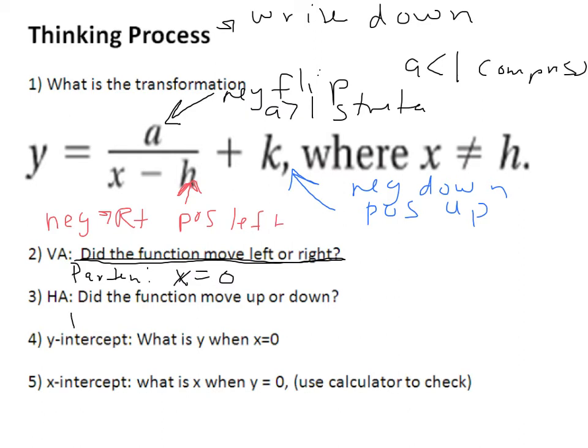For the horizontal asymptote, did the function move up or down? Because typically it's going to be y equals 0, but if it moves up or down, that's going to change that number. And the y-intercept is what is y when x is 0. So you're actually going to have to plug 0 in for x and figure out what y is. And the x-intercept, what is x when y is 0. And this is always going to be one that you want to use your calculator to check to make sure you have the right answer.